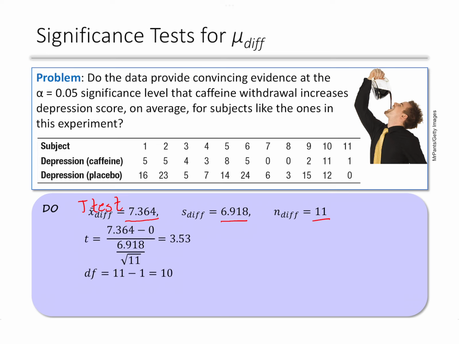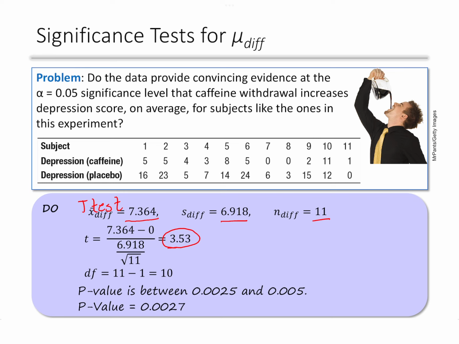It also gives you your test statistic, so you should see your test statistic of 3.53. Using your tables, which none of us are going to be doing, but if you were using your tables, remember you can only give me a range, but then your calculator gives you your p-value of 0.0027. So it gives us all our information that we need to write down. Everything that's circled, we should be writing on our paper so we know what it is.